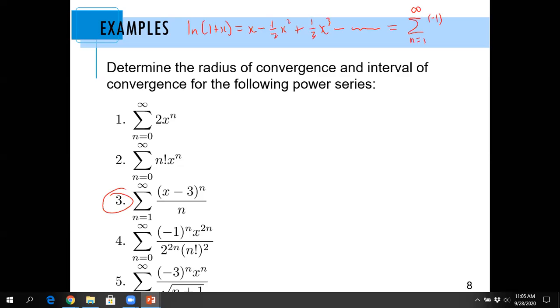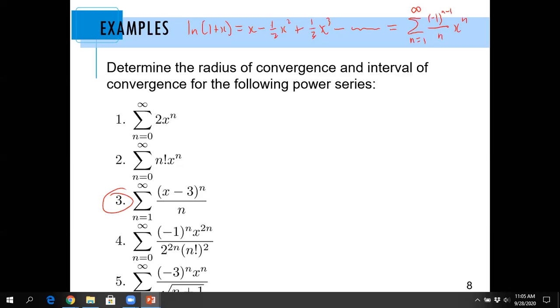If I use the first power, I don't want minus 1 to the first power because that would be a negative sign, yes? So it's one off from that, so I'll go minus 1 to the n minus 1 over n, x to the n, okay? You might say to yourself, okay, what does this power series have to do with this function?